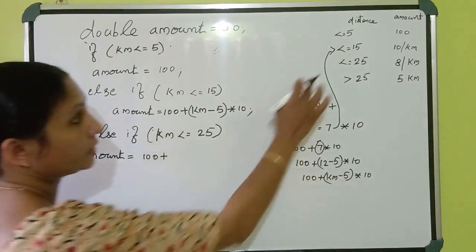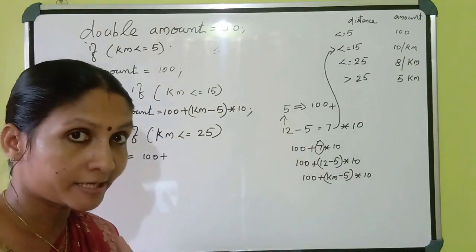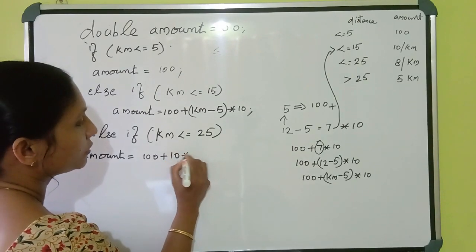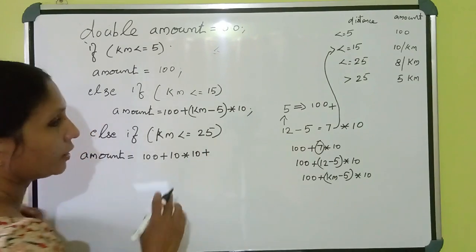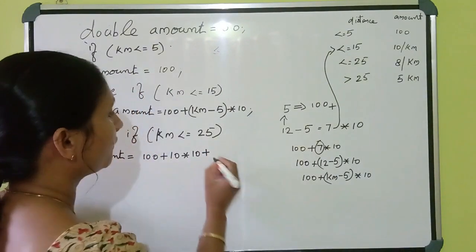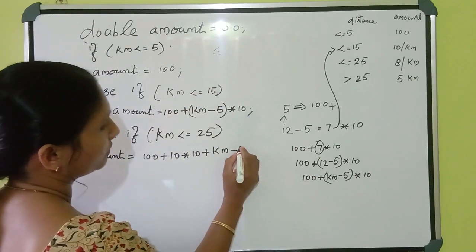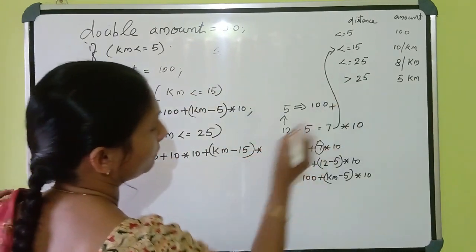Then for the next 10 kilometer we need to pay 10 per kilometer. That means 10 into 10 plus, how can you find out the next interval? Kilometer minus second interval. What is that? 50 into, what's the amount?